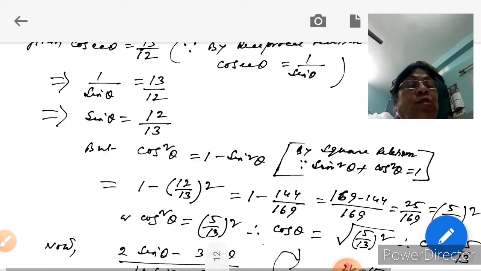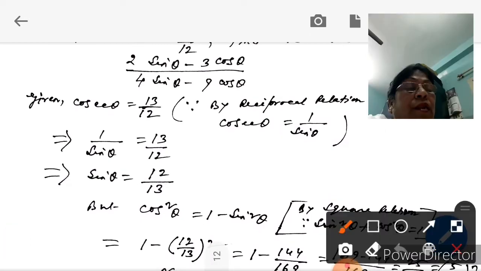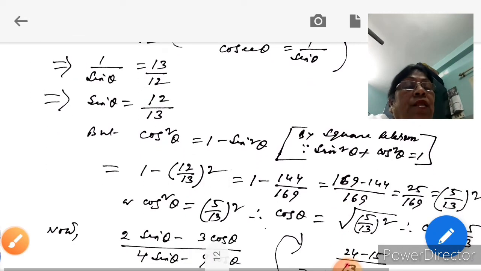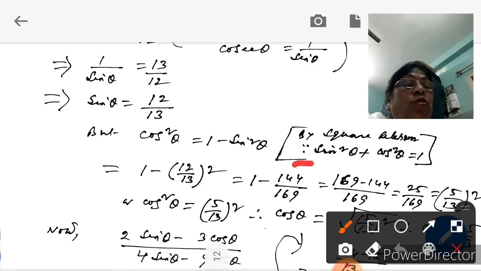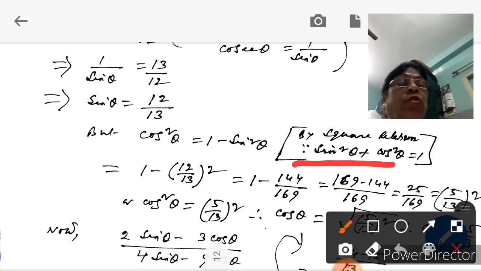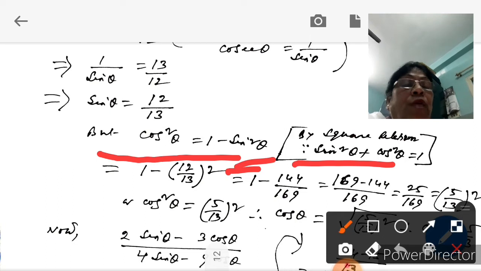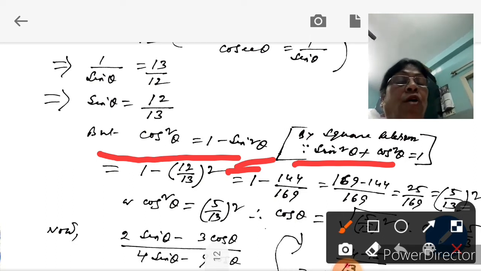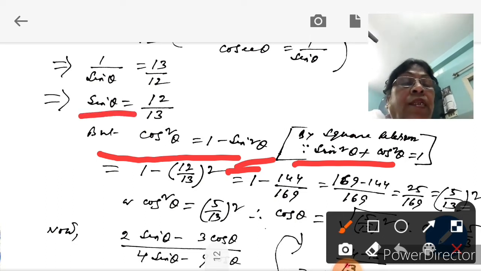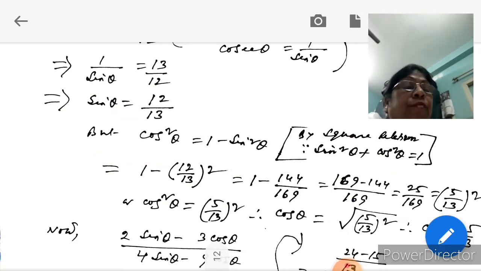But by square relation we know sin square theta plus cos square theta is equal to 1. So, we can write cos square theta is equal to 1 minus sin square theta. Now, already you got sin theta is equal to 12 by 13. So, putting the value of sin theta, we get 1 minus 12 by 13 whole square.